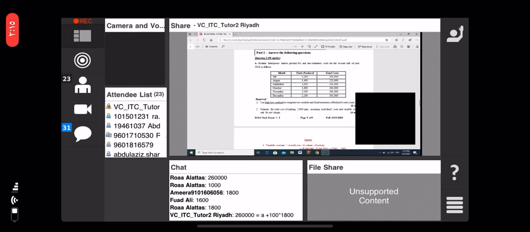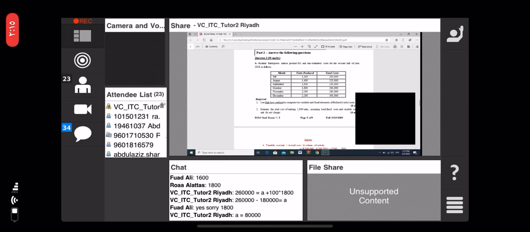Now you can find it: 260,000 minus 180,000. So you will get the amount of A. So A must be equal 80,000.